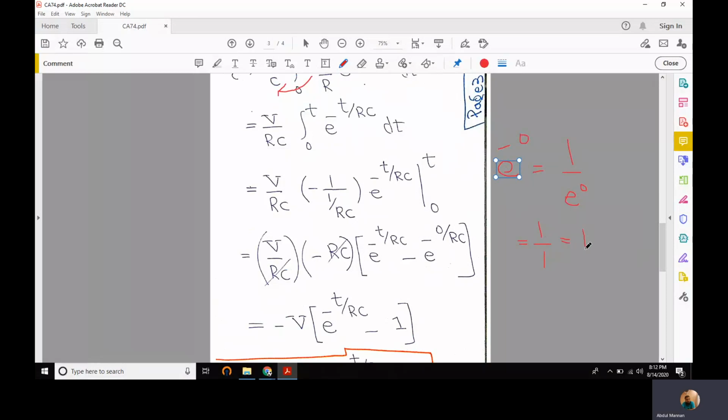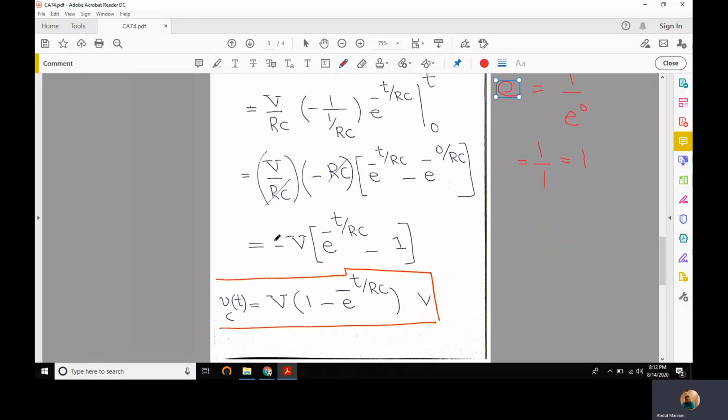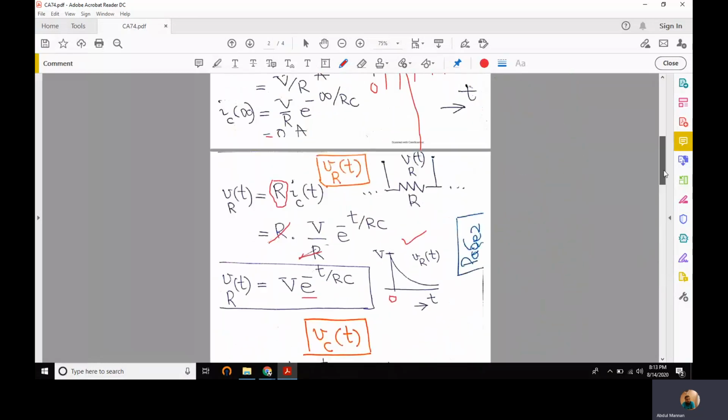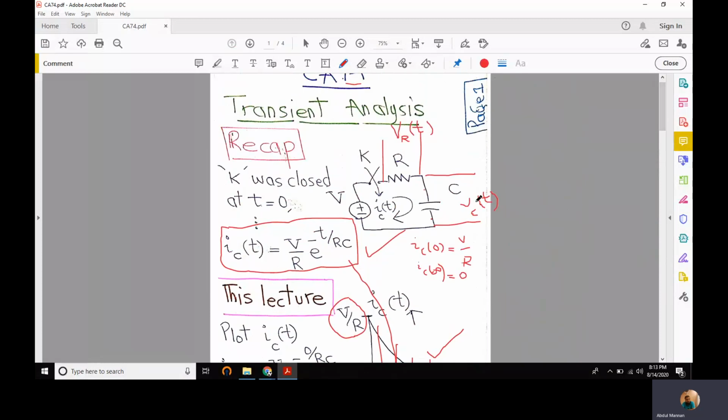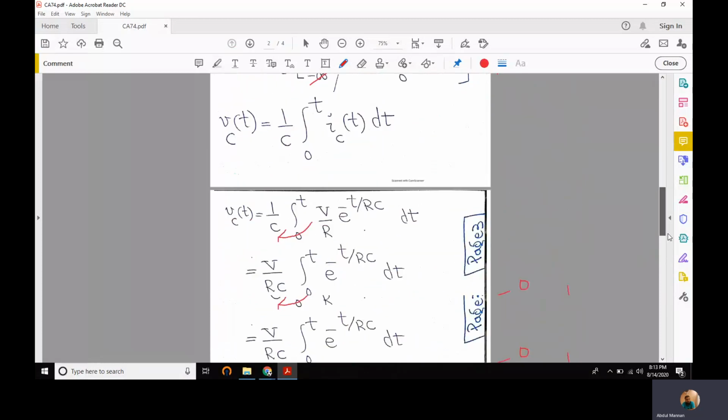So e to the minus 0 over rc is actually a 1. So we replace it with a 1, and there is minus v outside. If we multiply this minus inside, this minus becomes plus, this plus becomes minus. So vc of t is v times 1 minus e to the minus t over rc. This is the general expression for Vc of t for all t, including t is equal to 0 and t is equal to infinity.